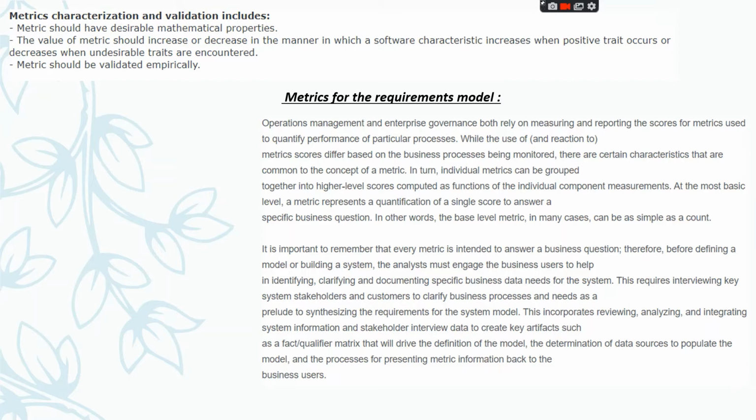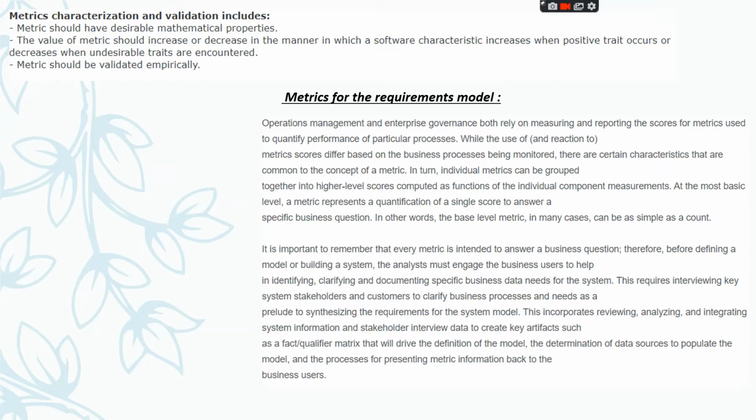And therefore it is very important to remember that every metric is intended to answer at least one business question, which therefore makes it, while defining a model or building a system, that analysts must engage the business users to help in clarifying, identifying, rectifying indeed, and also documenting specific business data needs for the system.